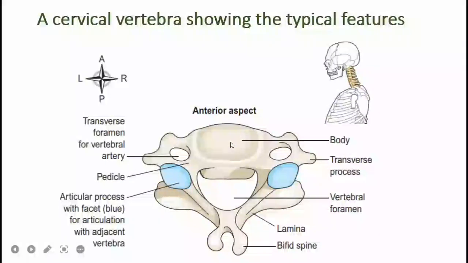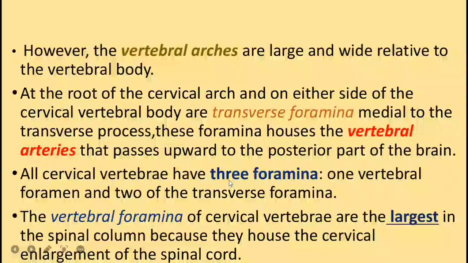So the typical cervical vertebra we have here has the body, transverse process, vertebral foramen, lamina, bifid spine, and articular process with facet articulation with adjacent vertebrae. Then we have the transverse foramen for the vertebral artery. Then the vertebral foramen.